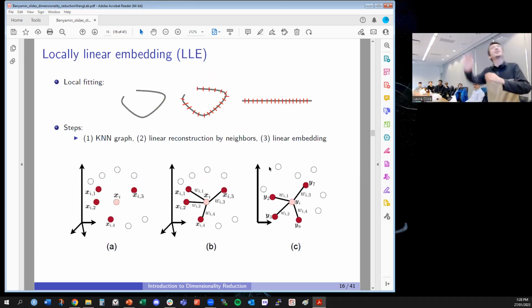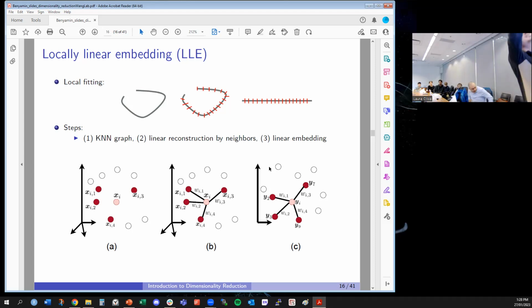Okay. So local fitting is that. Have you heard of spline regression and these things? It's piecewise regression. You have a nonlinear function, but you can assume it's linear piece by piece and do a piecewise regression. It's also called spline regression. The same idea is adopted for manifold unfolding.